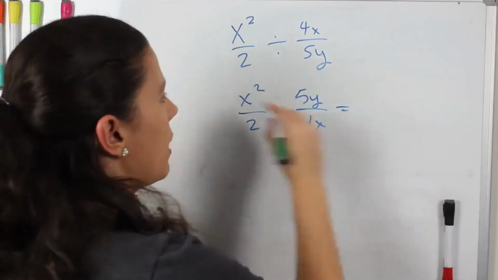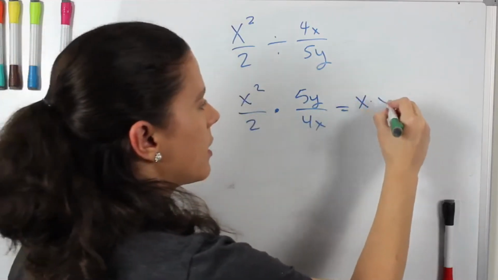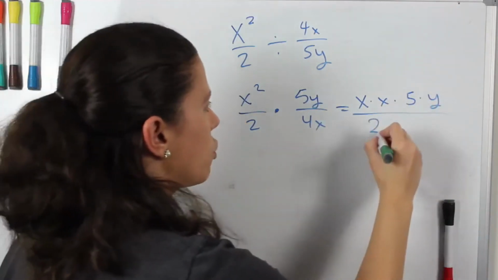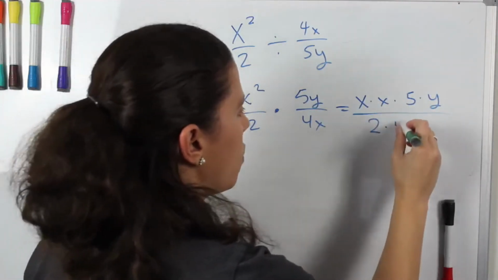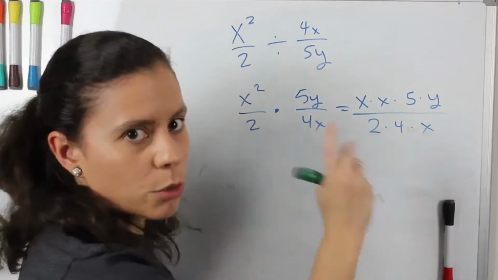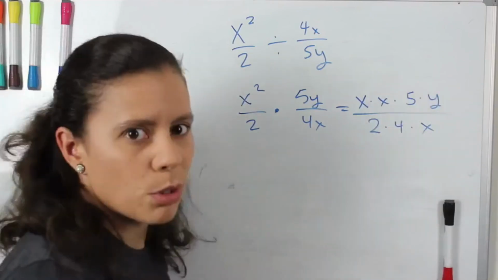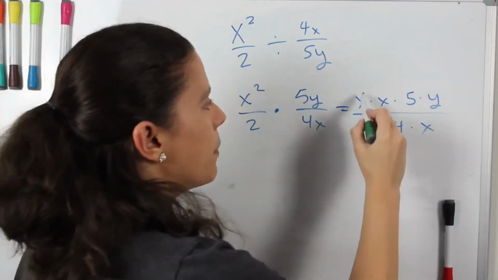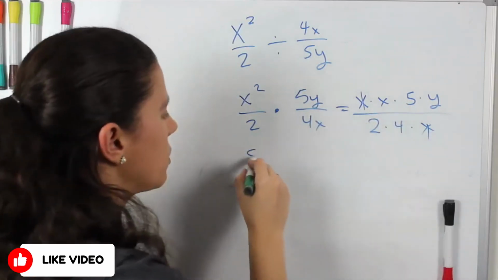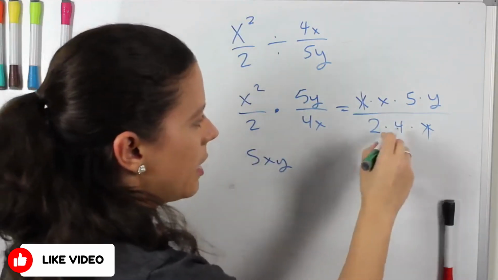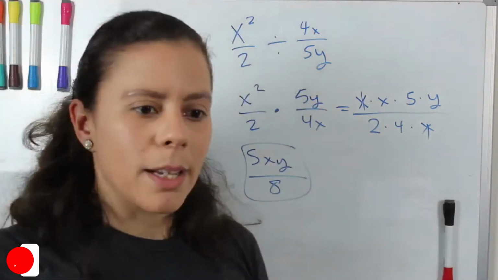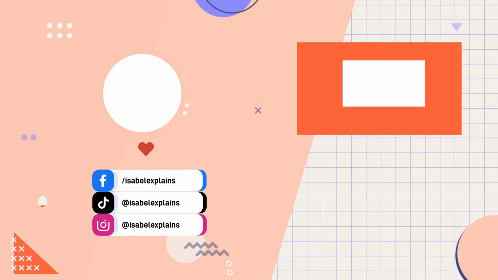We have x times x, which is x squared, and x times 5 times y, all of that divided by 2 times 4 times x. We could split the 4 into 2 times 2 as well, but there are no 2s at the top, so I don't see the point in doing that. But this cancels the x's, and now we have 5 times x times y, which is 5xy, divided by 2 times 4, which is just 8. Wham, bam, done.